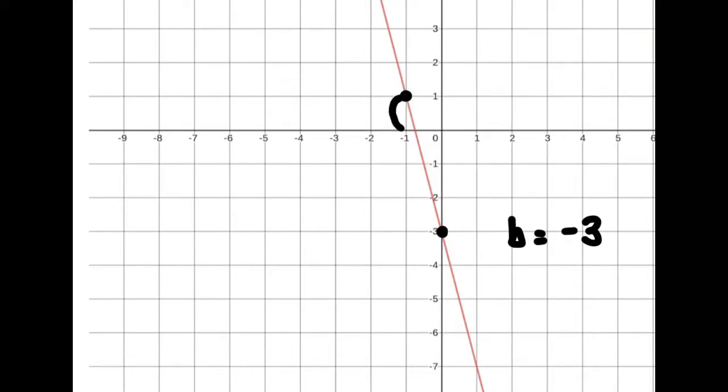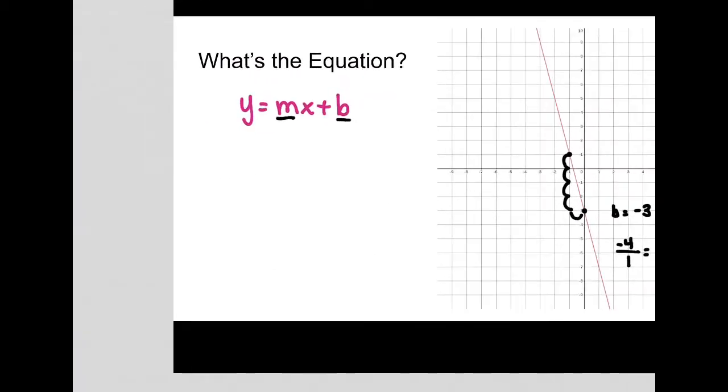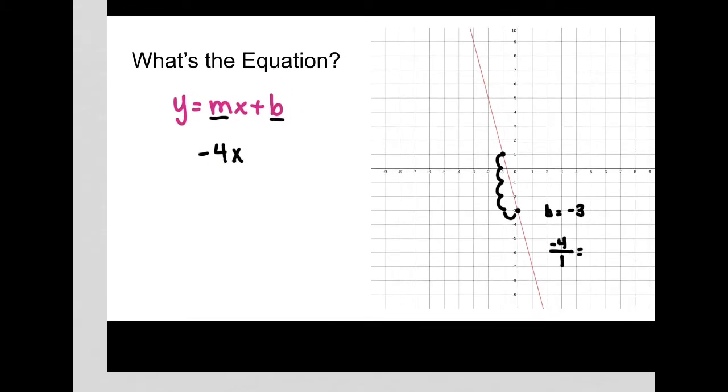So it's going down 1, 2, 3, 4, and then over 1. You could leave it as -4 over 1, or you could just make it -4. And you could put plus -3 if you want, or you could just put -3.